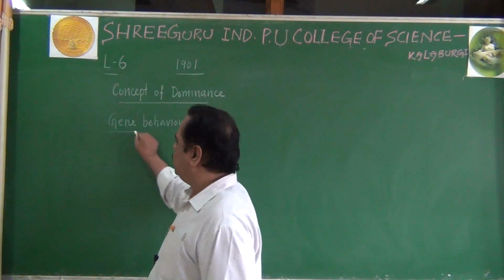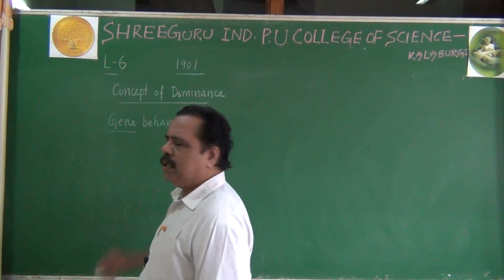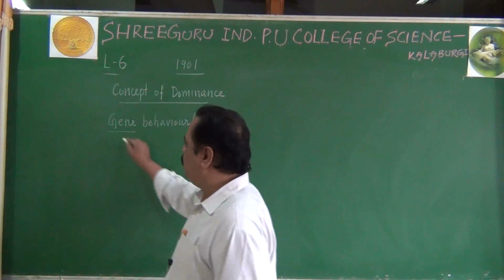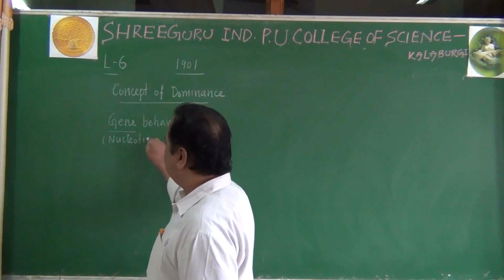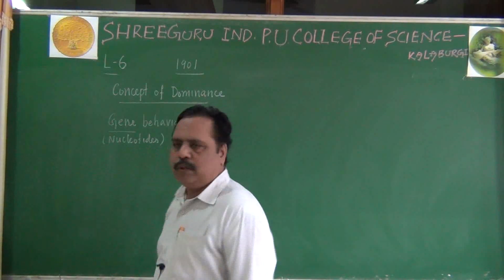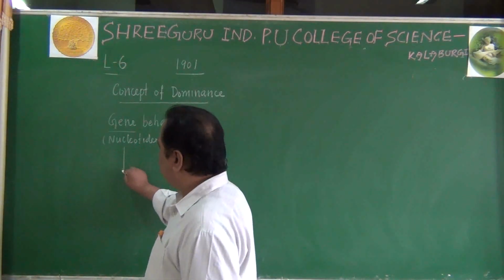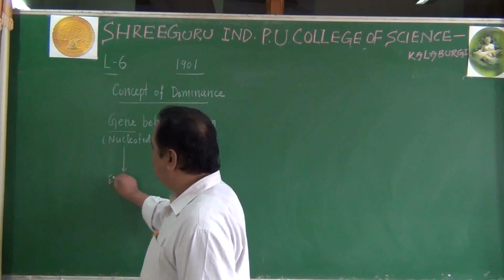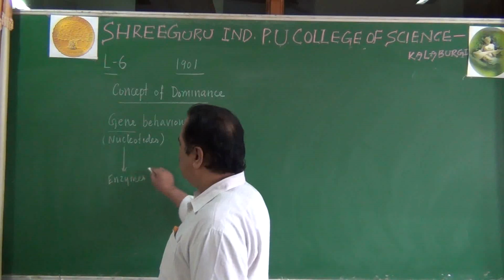Whatever gene we take, they will be made up of DNA and a group of nucleotides. We know that. A gene is after all nothing but a group of nucleotides only. These nucleotides are capable of producing some enzymes or some proteins, whatever it is.